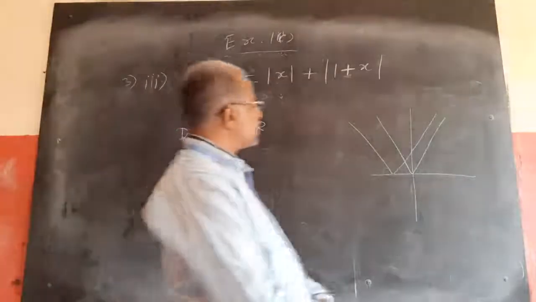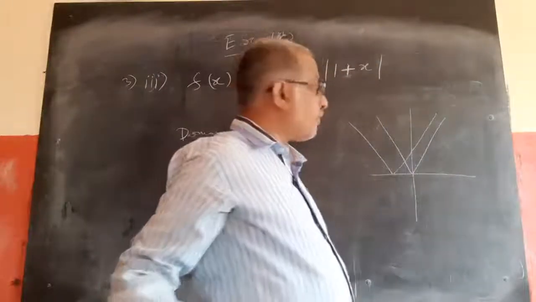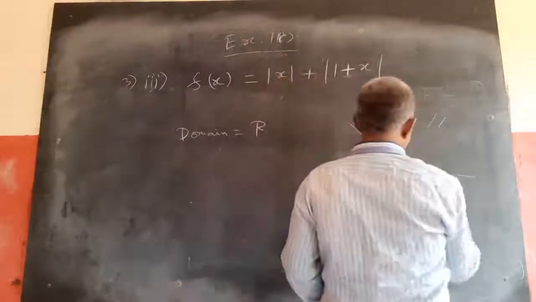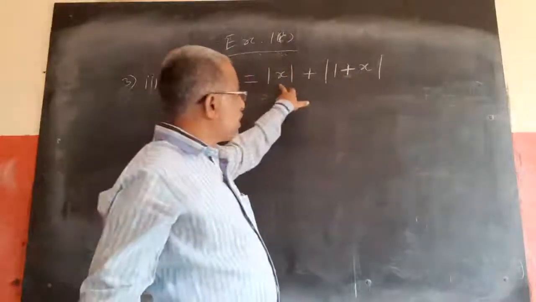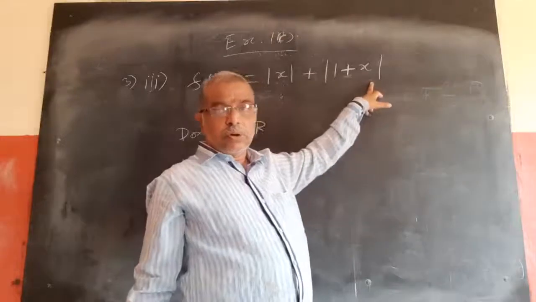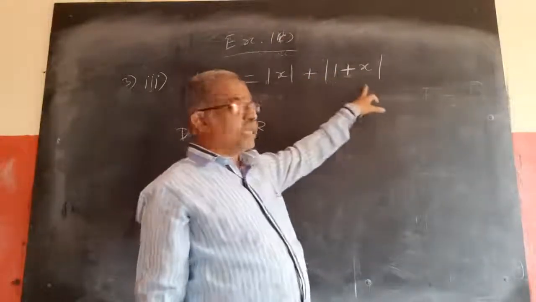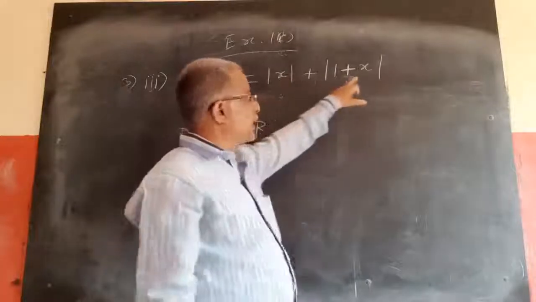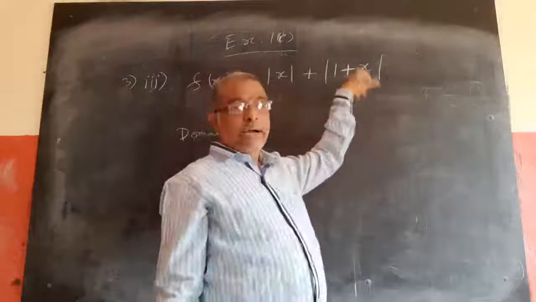Then what is the range? Range means all the values of y. Whatever the x value is, what will be the y value? The y value will always be 1 or more. If I substitute 0 here, it becomes 1. If I substitute any other value, I will get more than 1.